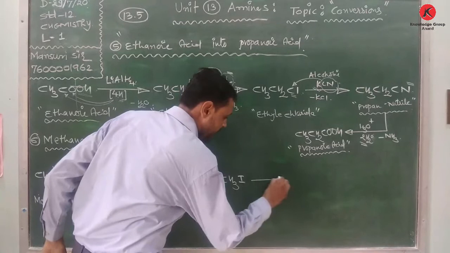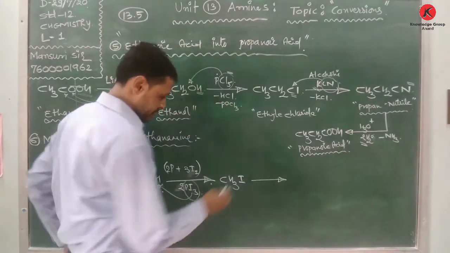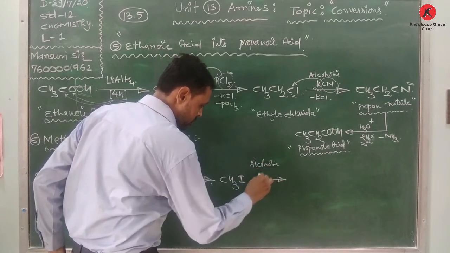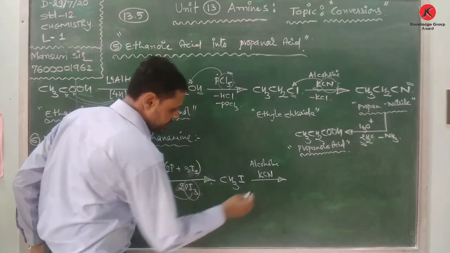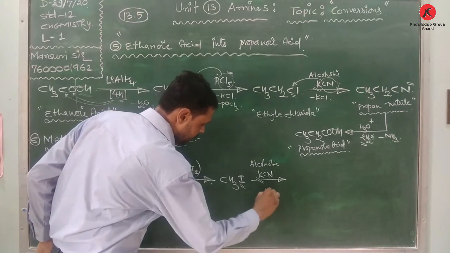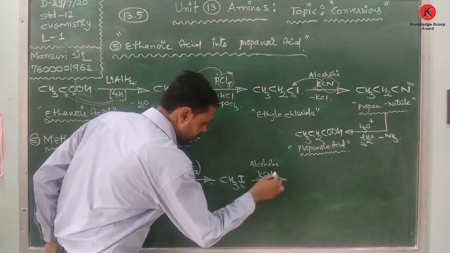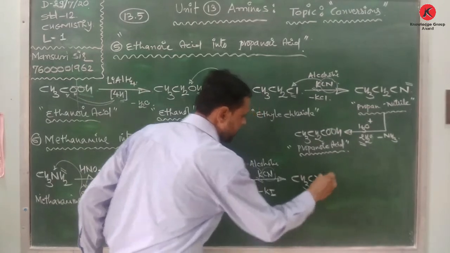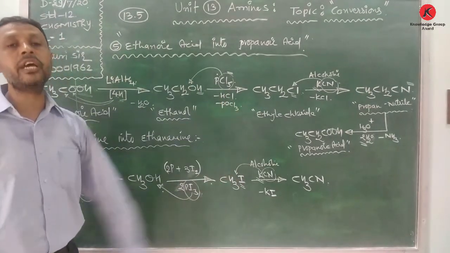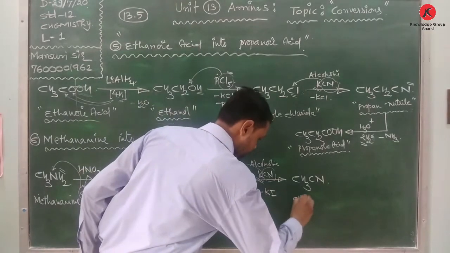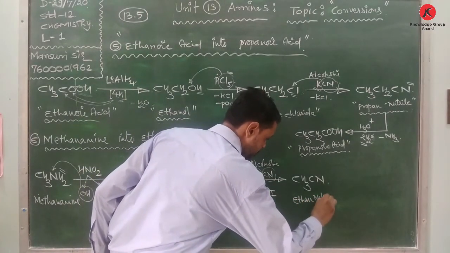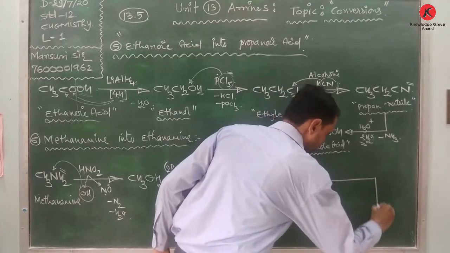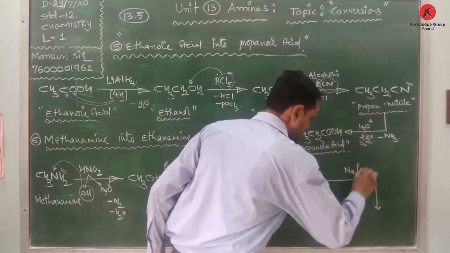After getting this iodide, if alcoholic KCN is given, then K removes with I, KI is removed, and cyanation is taking place, so methyl cyanide is formed. In other words, you can say that this is my ethane nitrile. Now ethane nitrile reacts with Na-ethanol.